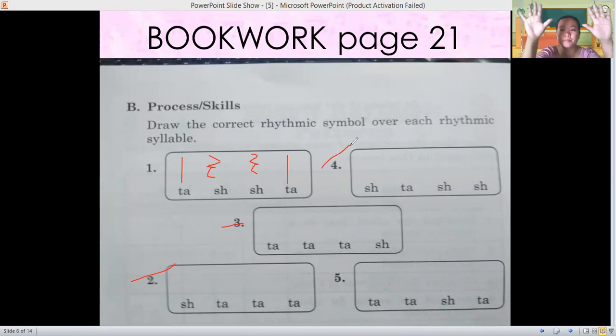Go, please draw. Okay, number 5, ta, ta, sh, ta. Please draw. Again, if you are not yet finished, you can pause this video. But those who are finished, let's go to our next lesson.